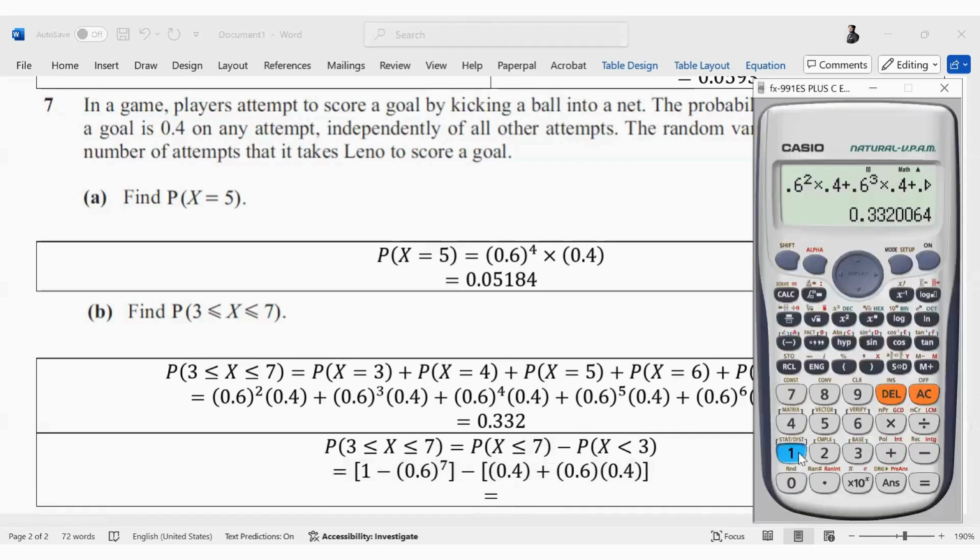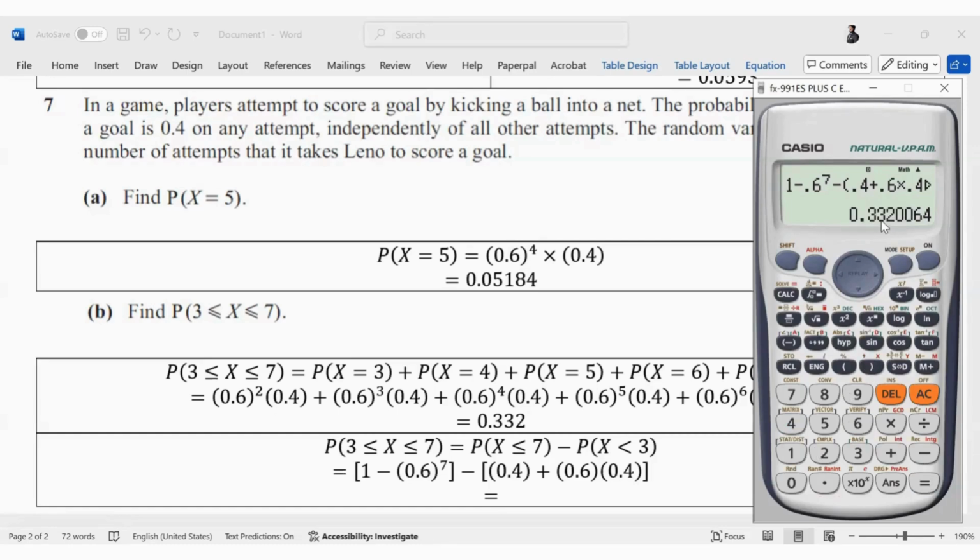We must get the same answer: 1 minus 0.6 to the power 7 minus 0.4 plus 0.6 times 0.4.